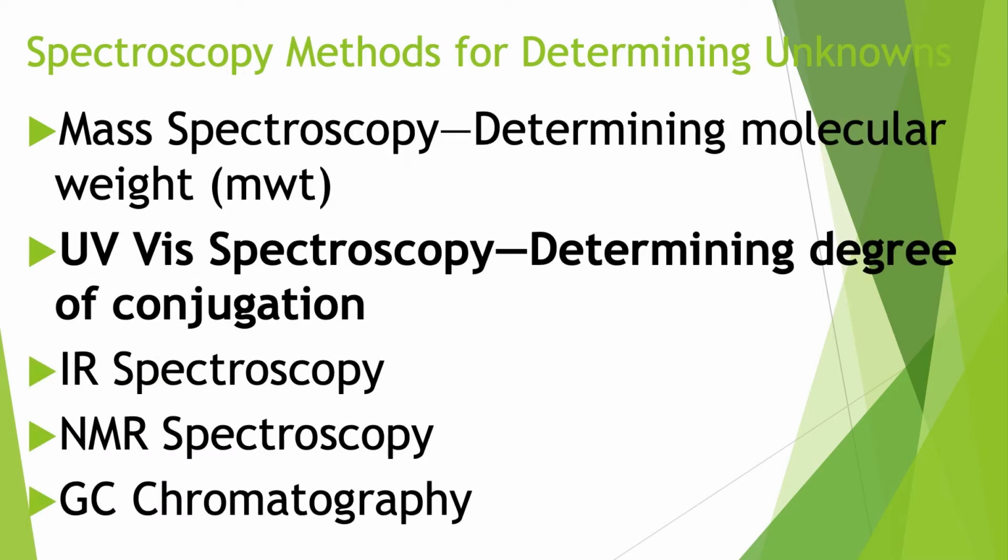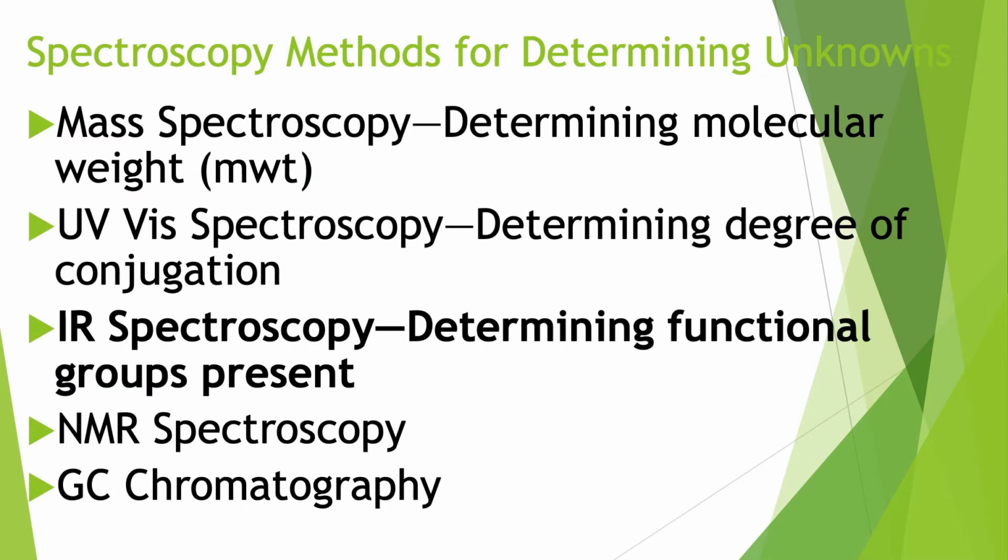You have seen before UV-vis spectroscopy, and in UV-vis we're taking a look at degree of conjugation, if you will. That's one of the most important things we probably could get from that. You've taken a look at IR spectroscopy, which looks at functional groups that are present.